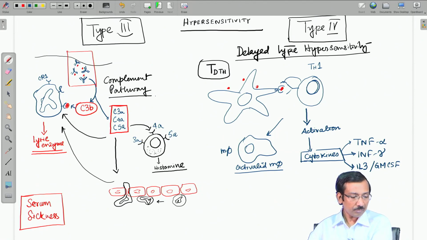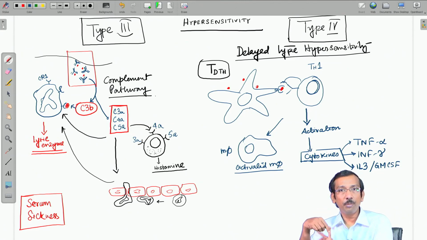So, overall we have learned four different types of hypersensitivity reactions that the immune system shows against different types of allergens and antigens: type 1, type 2, type 3, type 4.